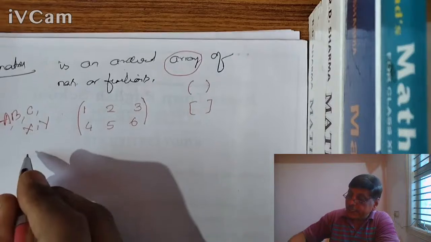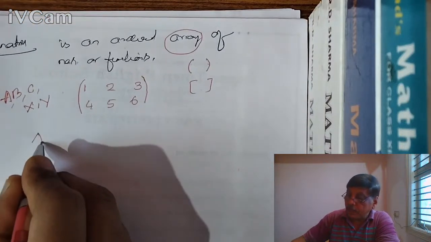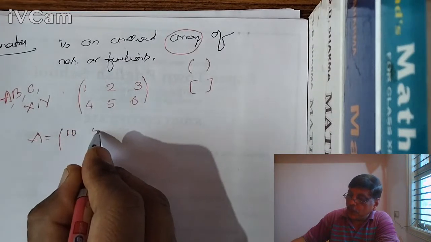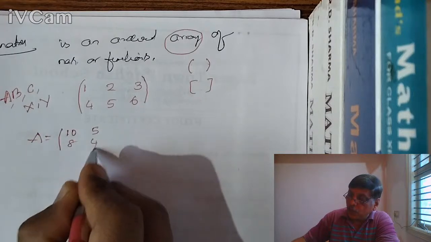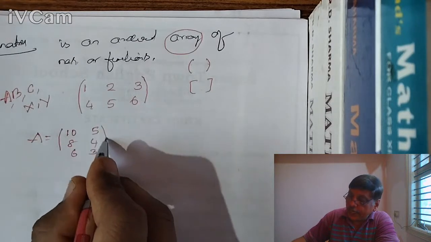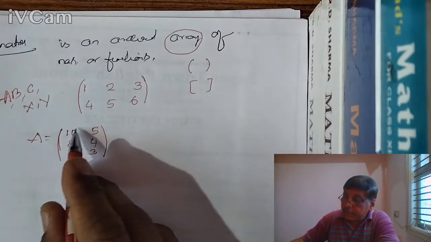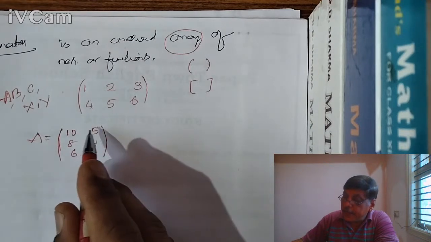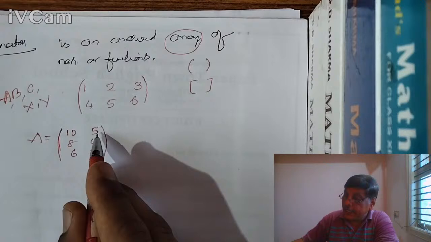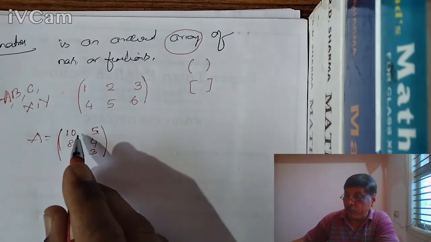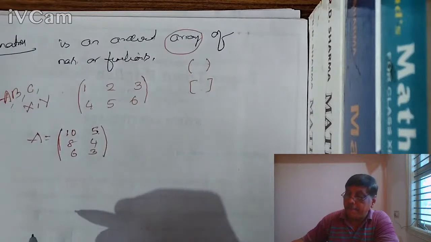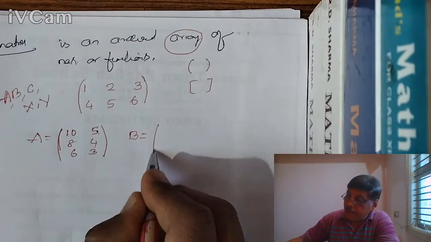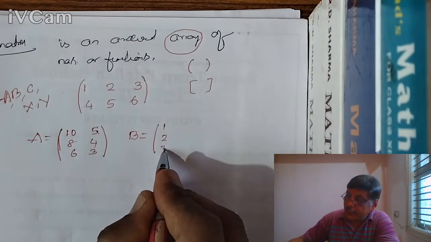Now let us see the example here. A equals 10, 5, 8, 4, 6, 3. So it is a matrix. The numbers inside the bracket are called elements of the matrix or entries of the matrix. Next, I take one more example, B, that is 1, 2, 3, like this.